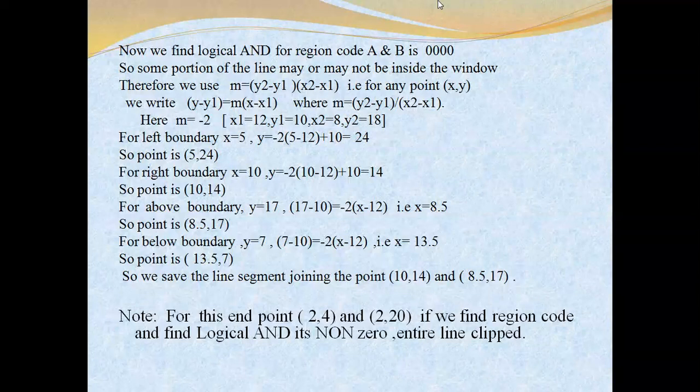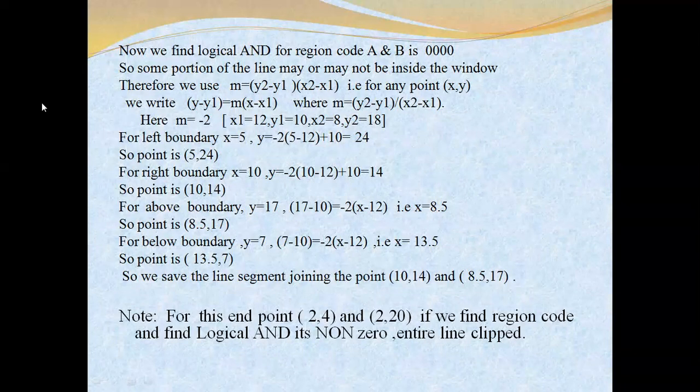We calculate the value of y as y equals minus 2 into 5 minus 12 plus 10, according to the equation y minus y1 equals m into x minus x1, that is y equals 24. So the point is 5 comma 24. For the right boundary, x equals 10, we again use the equation, and the value is 14. The point is 10 comma 14.